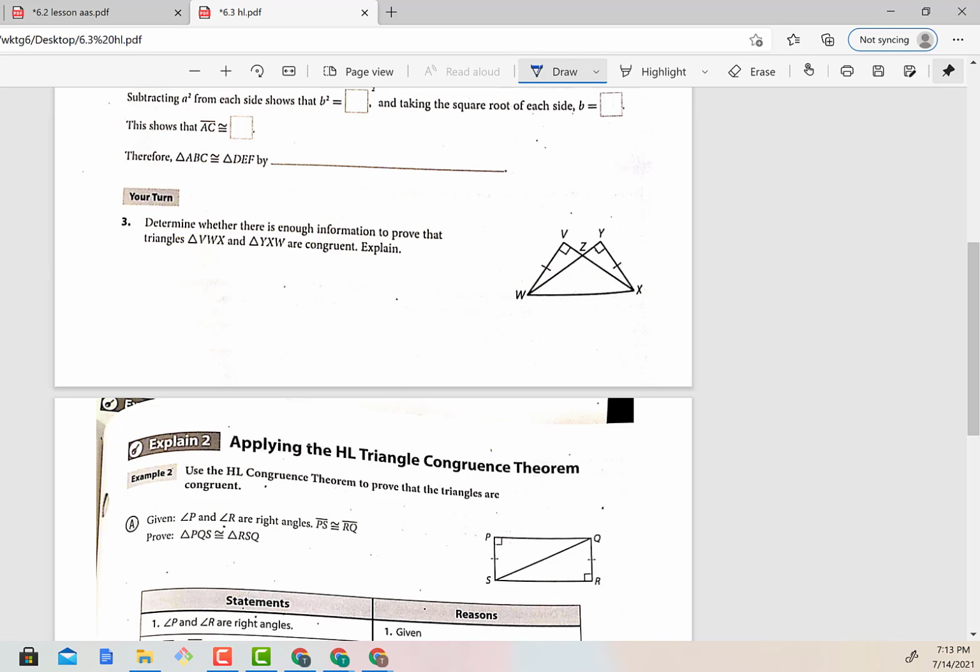This one's tricky because the triangles are overlapping, but see if you can determine if you're given enough information to tell that they are congruent. And if so, why? And I'll go ahead and give you a hint. The triangles are congruent. You've got to figure out why. So take 5 seconds, pause the video, and we'll go over it on the other side.